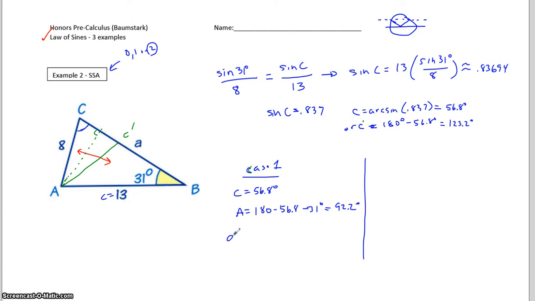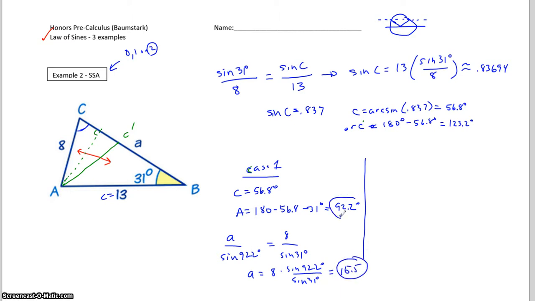We know that A over the sine of A, which is 92.2 degrees, is going to equal 8, which is B, over the sine of 31 degrees. Again, just a straightforward law of sines application. If I cross multiply, A is going to be 8 times sine 92.2 degrees over sine 31, and that's going to give me 15.5.